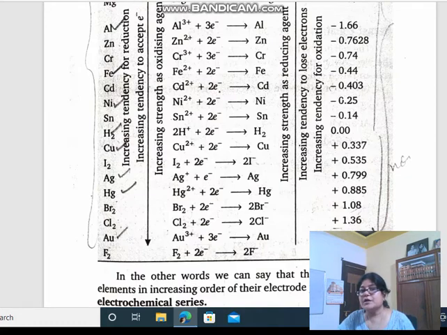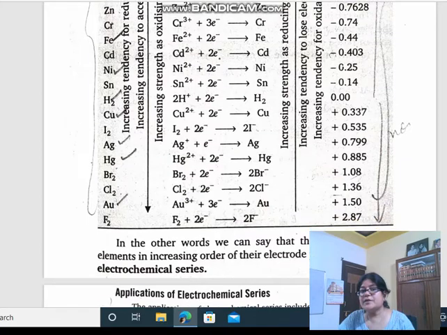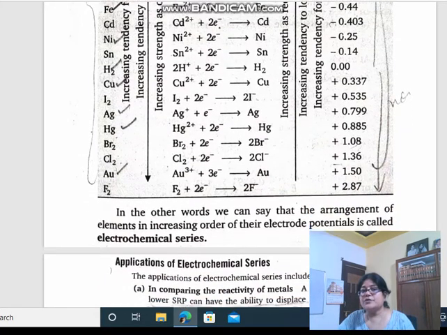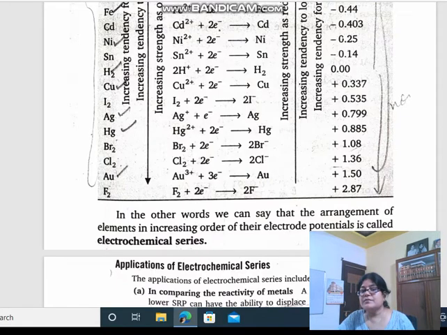There are a few ups and downs, but you can learn it. Hydrogen comes after tin and before copper, so copper is below hydrogen, and from copper onward the electrode potential gets positive values.